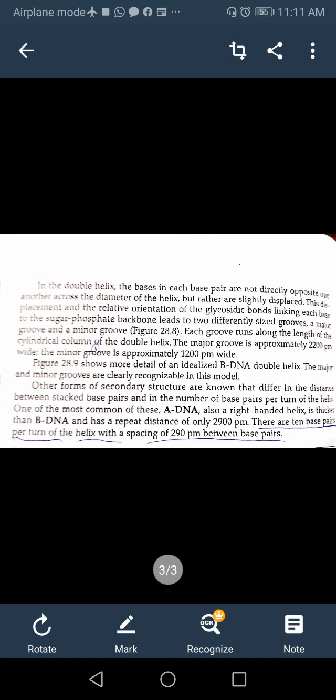They are slightly displaced. So due to this, the sugar phosphate backbone leads to two different size grooves. One is the major groove, another is the minor groove. Each groove runs along the length of the cylindrical column of the double helix.